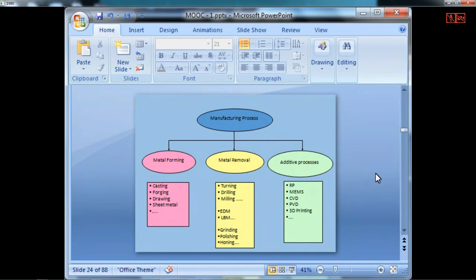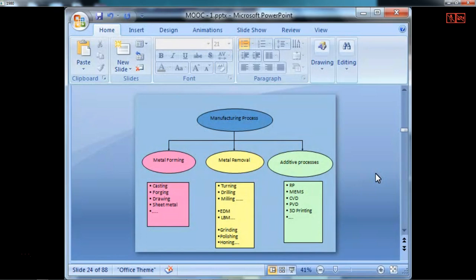Metal forming processes like casting, forging, drawing, sheet metal and other things. The second category is metal removal processes, where turning, drilling and milling are called conventional manufacturing processes. Then we have grinding, polishing and honing, which are the finishing processes.